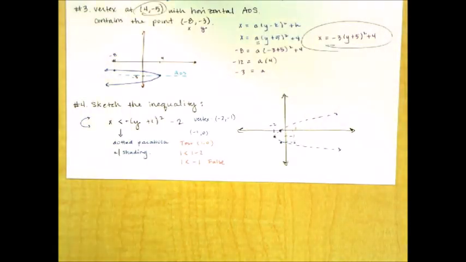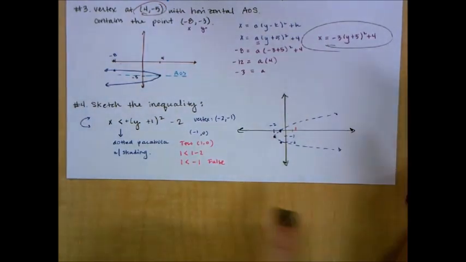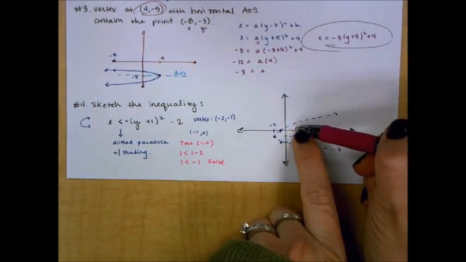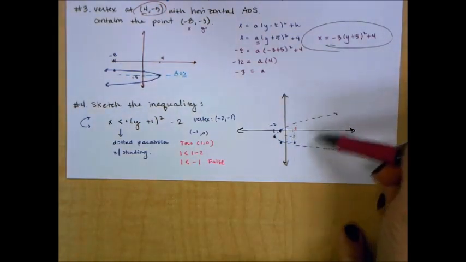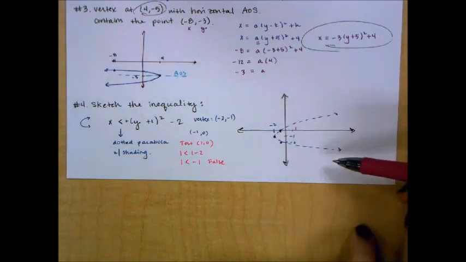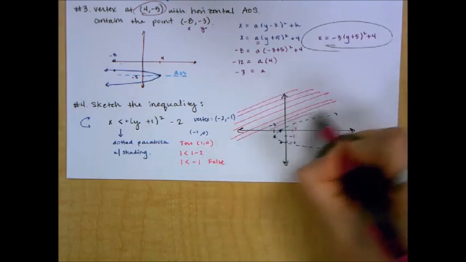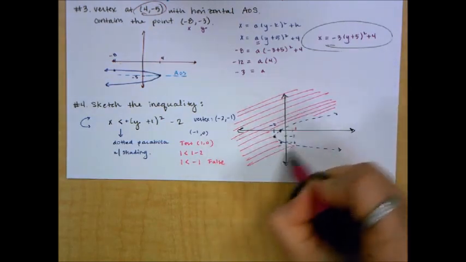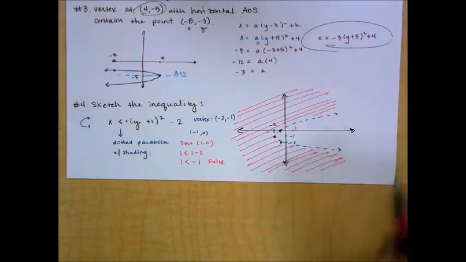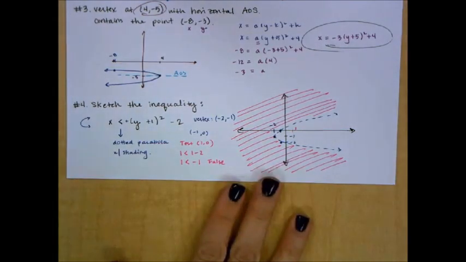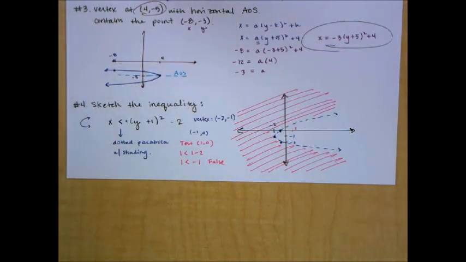Which means that this point is not a solution, so I don't want to shade inside. We want to shade around the parabola. Make sure you fill up your graph here with your shading. You'll see a few of those problems throughout the unit as well. And that is the end of our notes for 6.2.